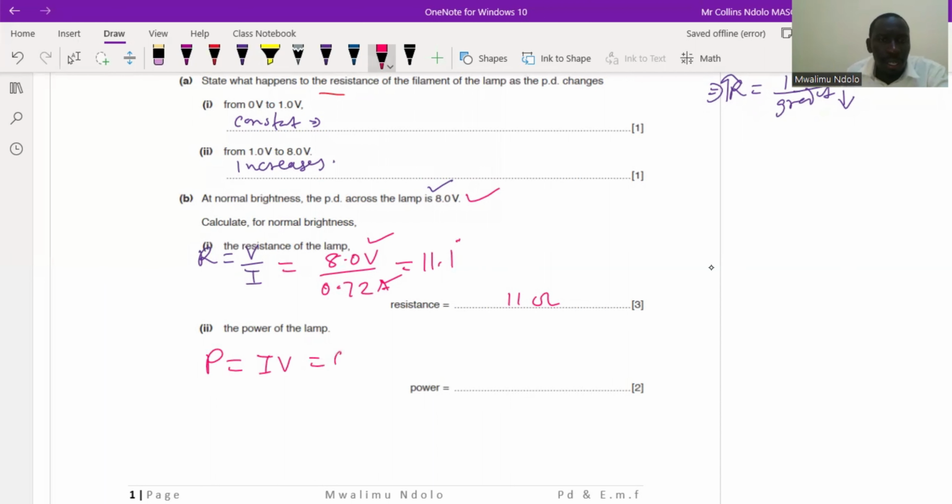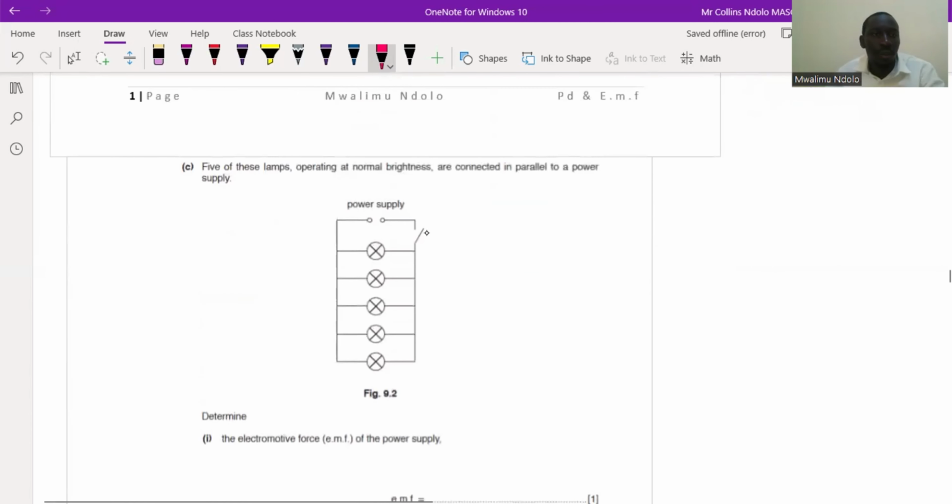So IV, that is the current, 0.72, times V, which is 8. That gives us 5.76. In 2 significant figures we'll have 5.8, and that is watts. All right, so it extends.